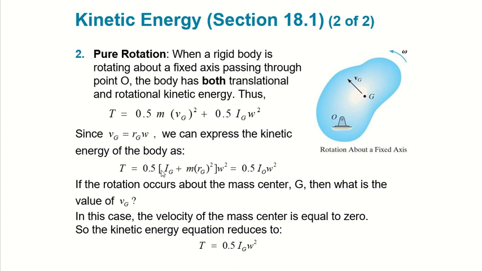So we have 0.5, and again we can combine your moment of inertia and your mass times your distance together, as coming from point O instead of G, because there's a moment, so you can combine the two.